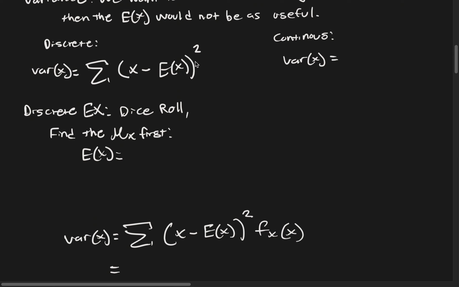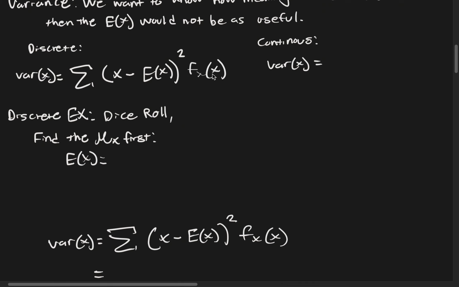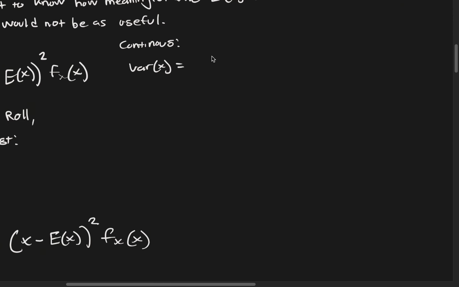So subtract each value of x from the expected value of x and then square it, times the probability of it. For continuous, pretty much the same thing, except we're adding the integration.